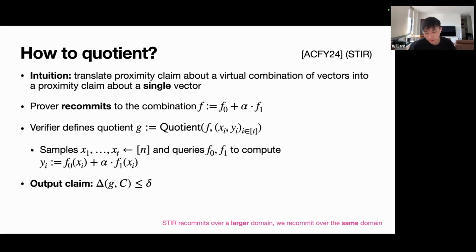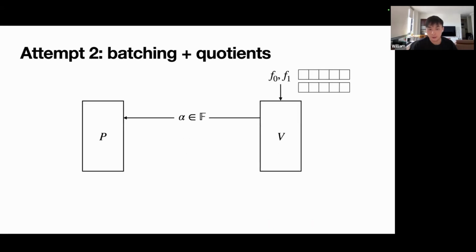And the quotient is now defined over a single oracle. Oh, the quotient is F by X and Y, but the X's and Y's come from F0 and F1. Yes, exactly. But F is the recommitted thing. Okay, interesting. I think it'll also be clear with this visual.